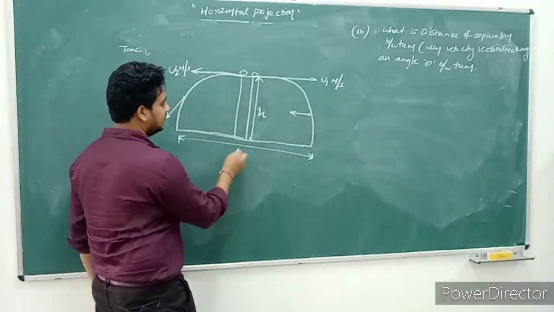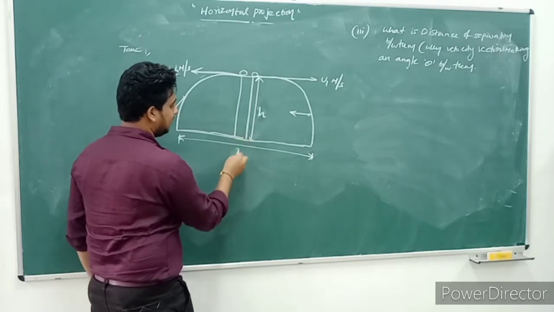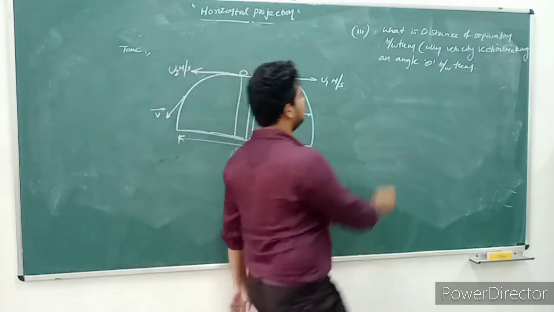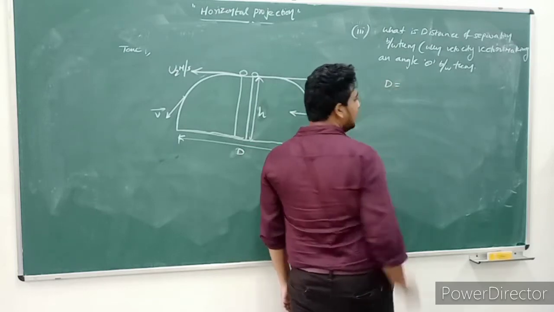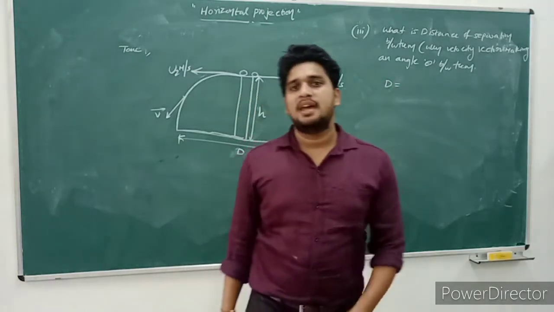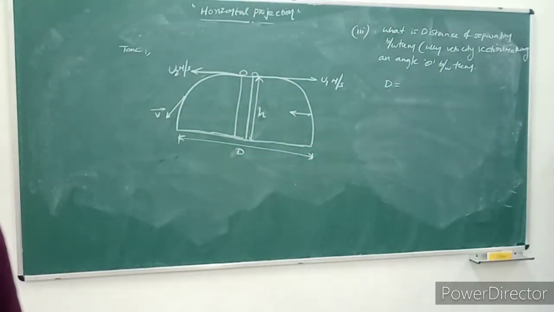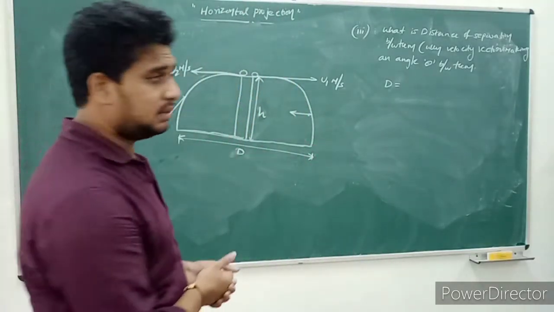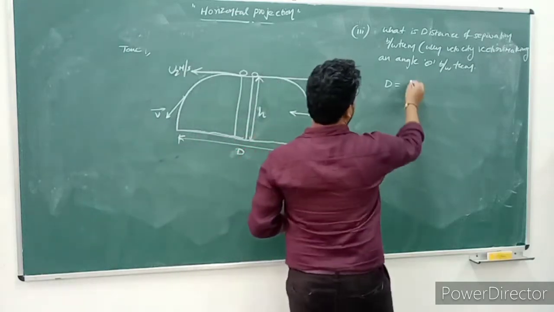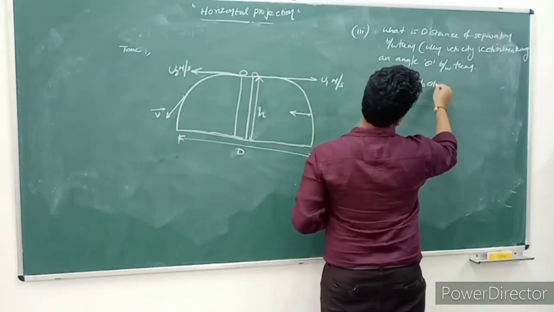So let us consider the distance of separation as some capital D. So distance of separation between them D is equal to, distance means what? Velocity into time. Am I correct? Distance means velocity into time.